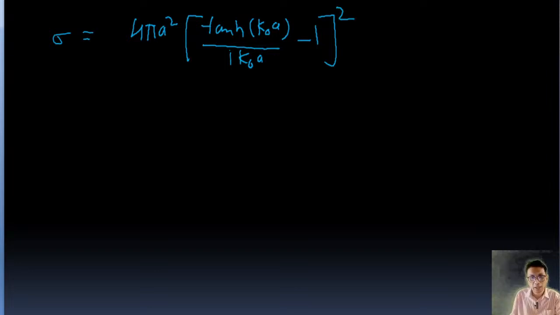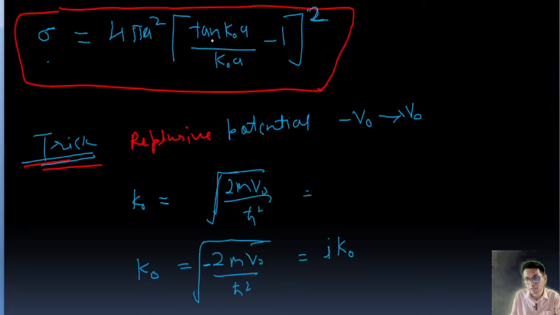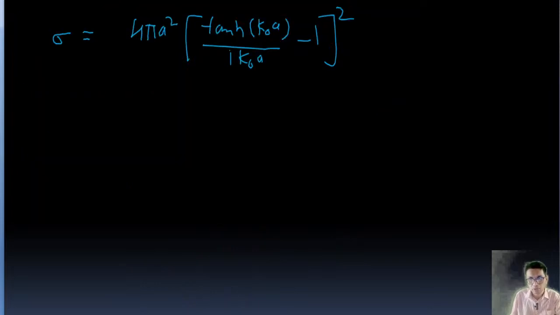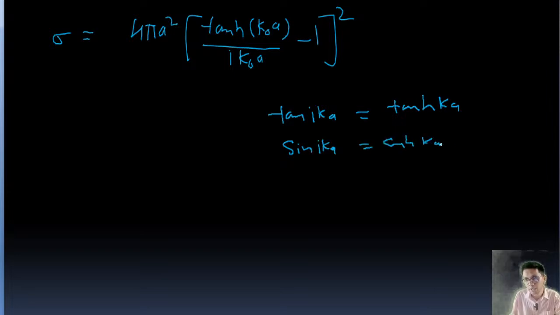Here what we have done is, if you put this, it is going to be tan iota K naught a. And tan iota K naught, we can change it. I'll show you here. If we have tan iota K naught, we can write it as tanh K naught. Similarly, if we have sine iota K naught, it means sinh K naught.